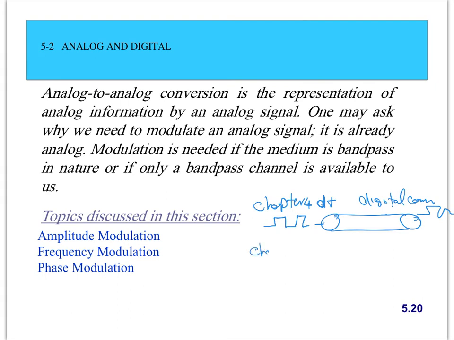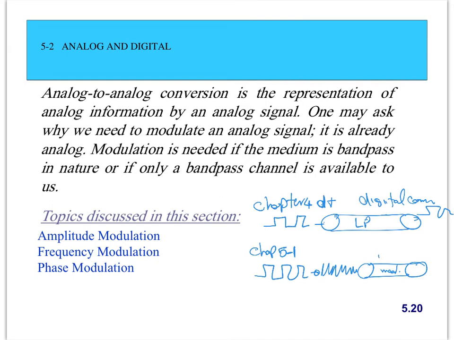In chapter 5-1, we talked about the digital signal being first converted to analog signal before it gets transmitted over the medium. And here the medium has low pass effect. An example of this is all the wired networks that we have studied for Ethernet and so on, right?